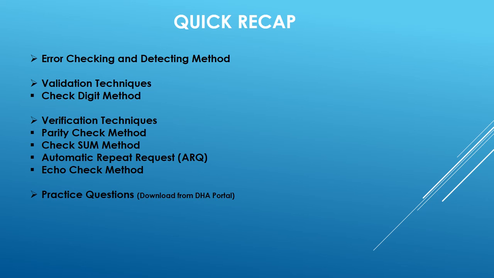Lastly, we discussed the echo check method. With an echo check, the receiving computer sends a copy of the data immediately back to the sending computer for comparison. The sending computer compares the two sets of data to check if an error occurred during the transmission process.